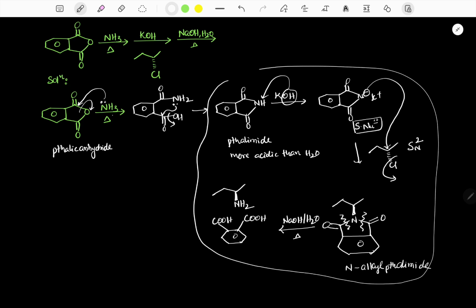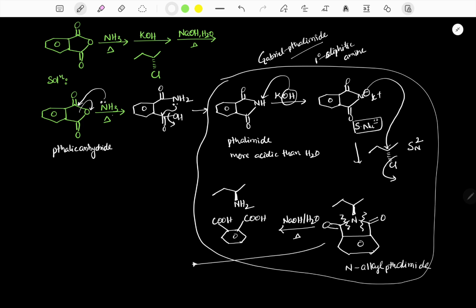This entire reaction is known as the Gabriel phthalimide reaction, and this method is suitable to prepare primary aliphatic amine.